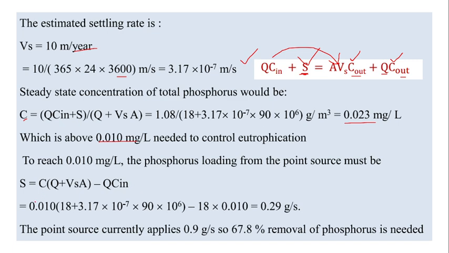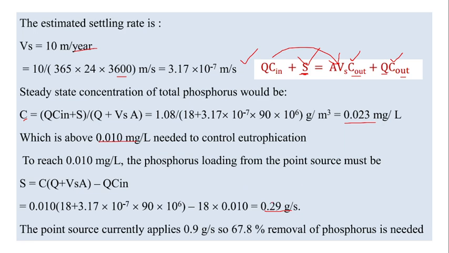Here the concentration is 0.01, Q is 18, Vs is 3.17 into 10 power minus 7, and the area is 90 into 10 power 6, minus QC in, which is 18 into 0.01. If we multiply, we get 0.29 gram per second.